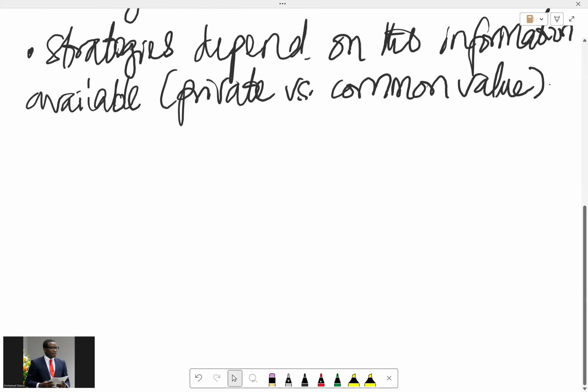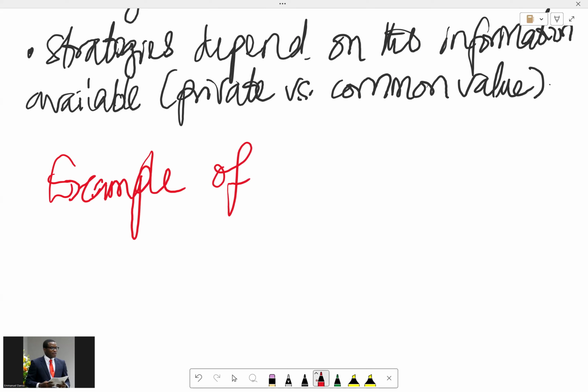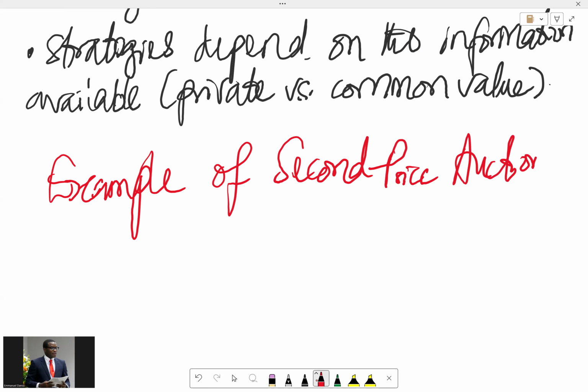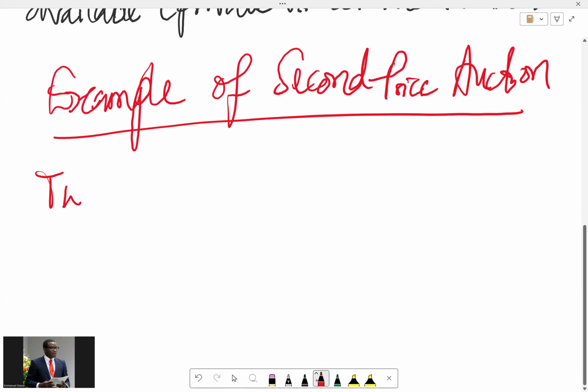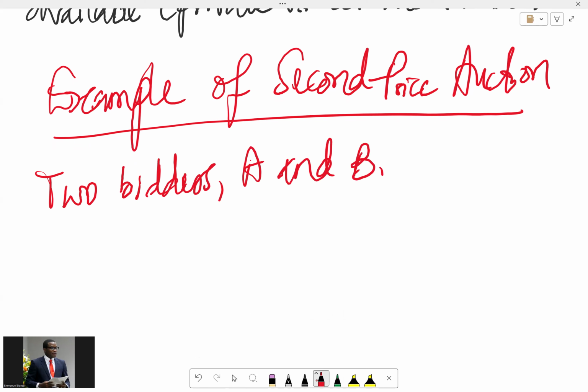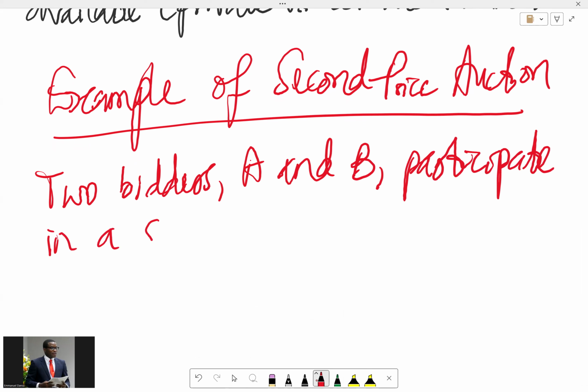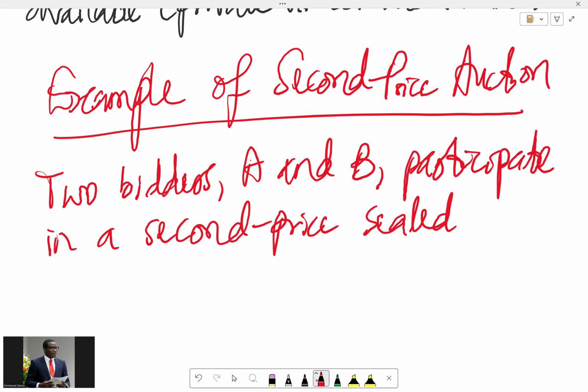Example of second price auction. Two bidders, A and B, participate in a second price sealed bid auction.